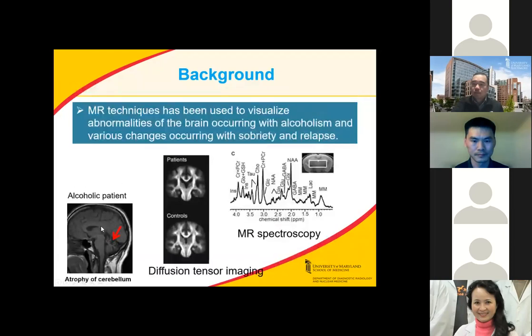Here is a patient study. MRI can see anatomy, as I just mentioned. There is an alcohol-drinking patient who has severe atrophy of the cerebellum, a very prominent damage in the cerebellum. That means the cerebellum is a major brain region targeted by alcohol. Also for function, with diffusion tensor imaging, you can see the patients with alcohol drinking, compared with the control, have lost functional connection.